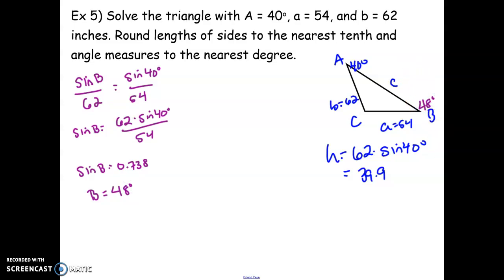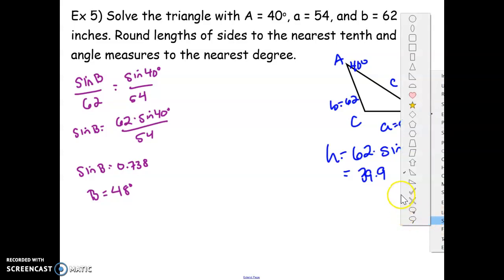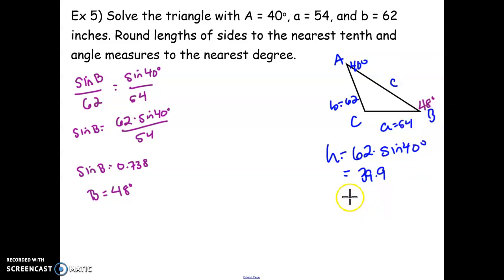Okay, here's the catch. If you use 48 degrees for a reference angle, we can go ahead and label this triangle. A is 40, side A is 54. This is not a very accurate triangle here.